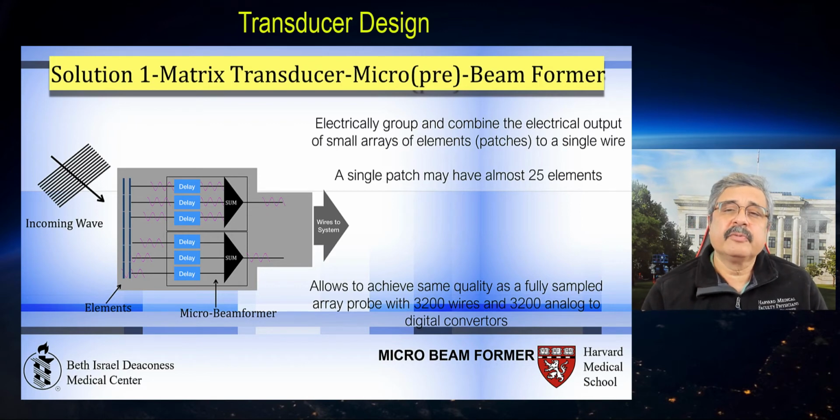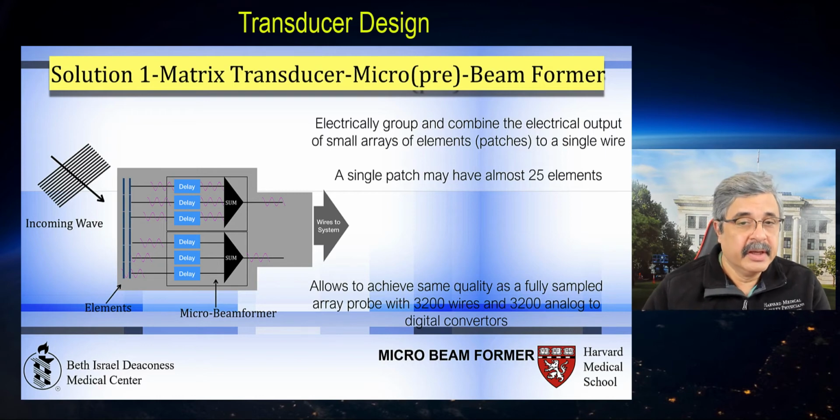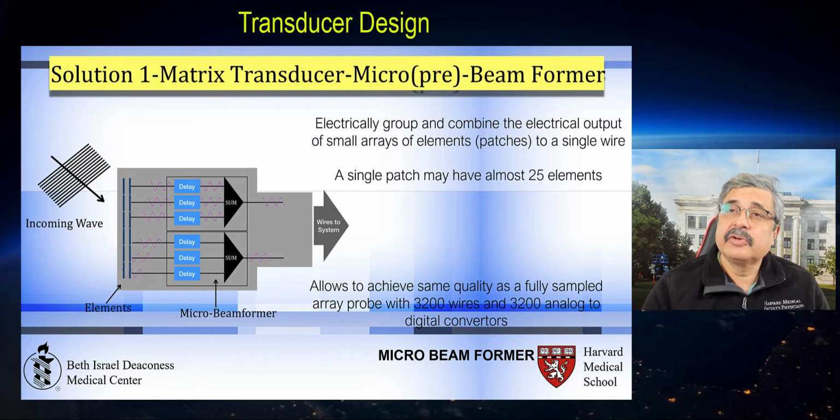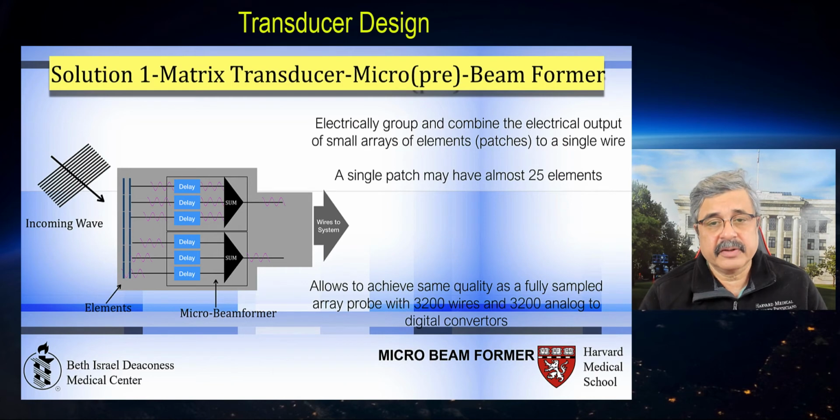The way it was achieved was by creation of a micro beamformer or a pre-beamformer, which was essentially conversion of analog to digital, a first stage conversion that used to happen in the ultrasound system, would happen in the head of the transducer in the 3D probe. So that was the first innovation, and that was to electrically group and combine the electrical output of small arrays of elements to a single wire, which means they were able to drastically reduce the number of wires and cables going through the shaft of the TE probe.